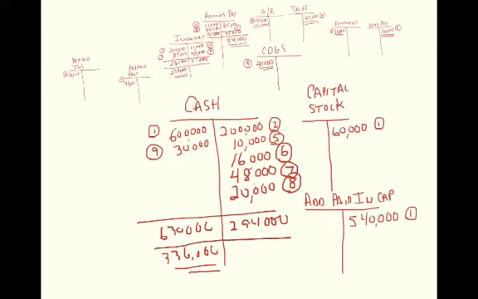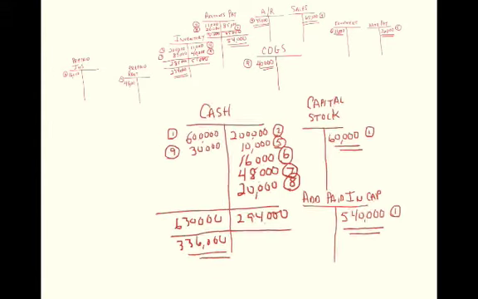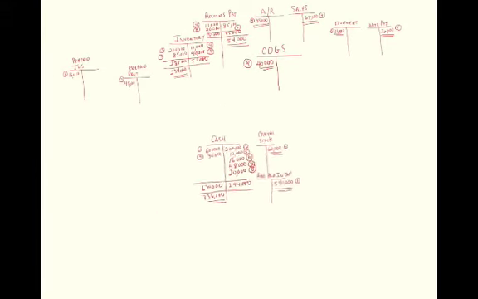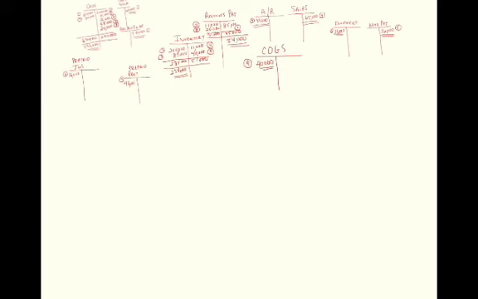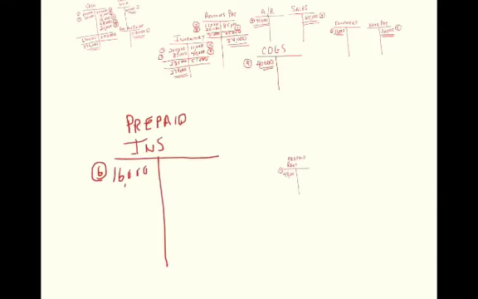We have the capital stock. There's only one entry there, and the additional paid in capital. And now we can make that one small. And we'll take that up here. And then we have the last two, prepaid rent and prepaid insurance.